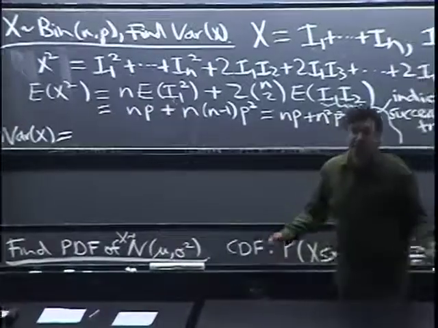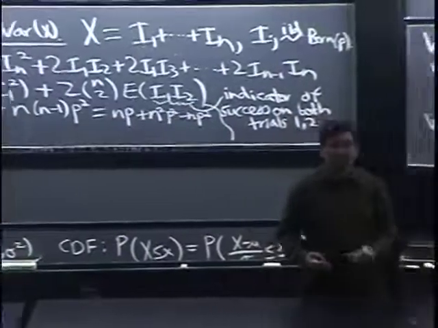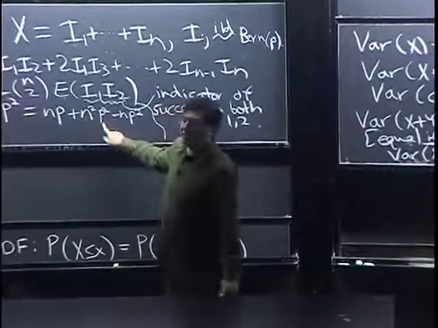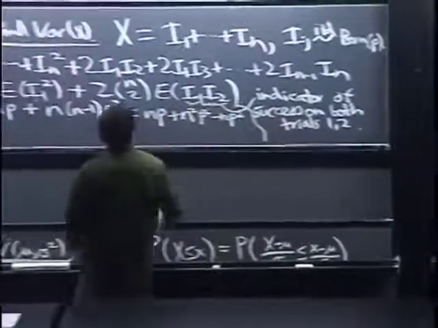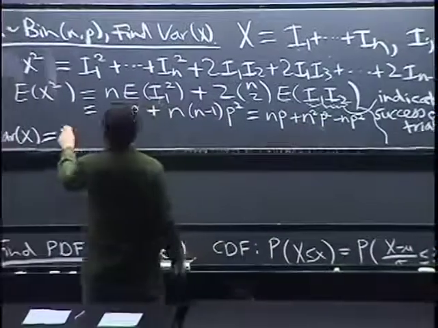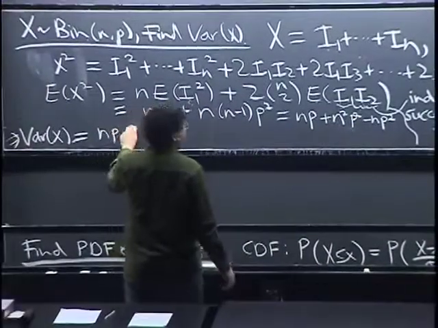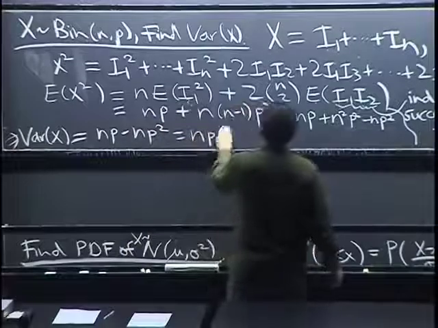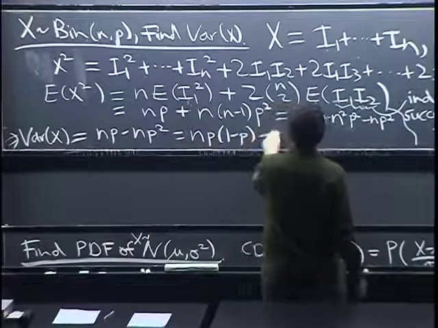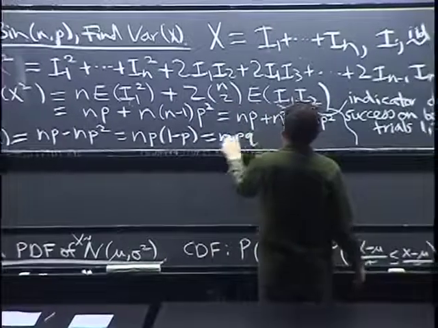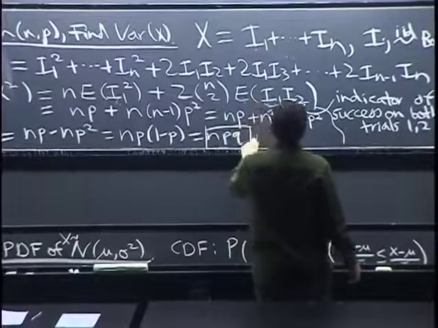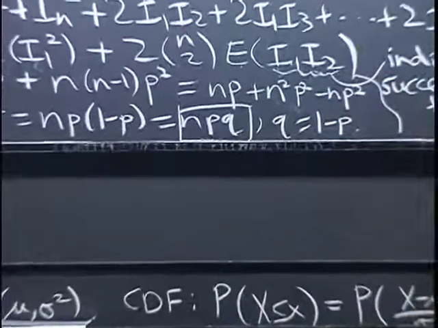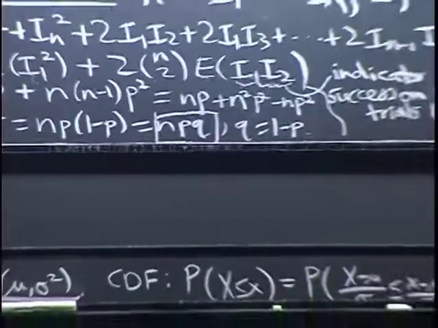Okay, so we showed before that a binomial n, p has mean n times p. So if we square that, that's this term, n squared p squared, so that cancels. So we're just canceling out this middle term, and we just have np minus np squared equals np times 1 minus p, which we'd often write as npq, with q equals 1 minus p. So binomial variance is npq.